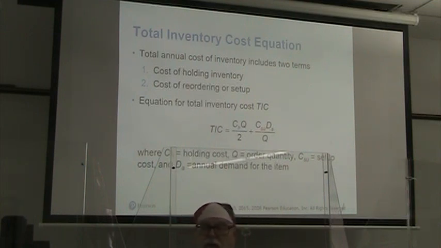All right, so our CH is our holding cost, Q is our order quantity, CSU is setup cost or order cost, and our DA is the annual demand for the item.